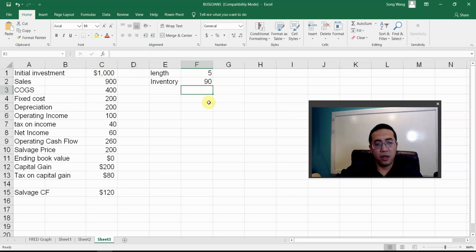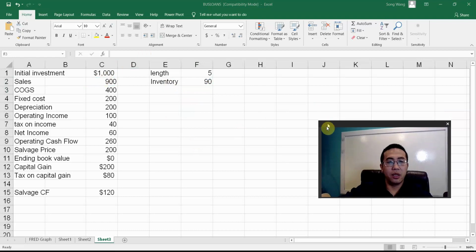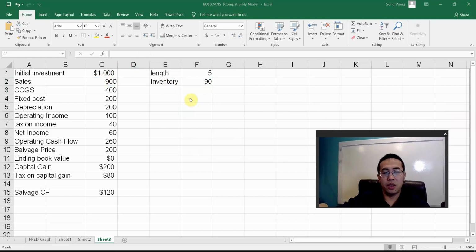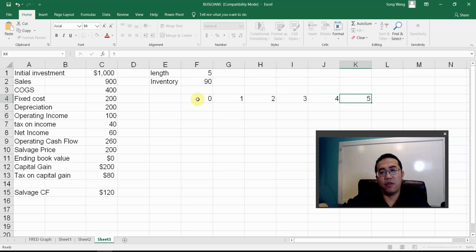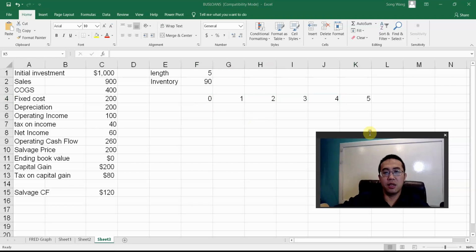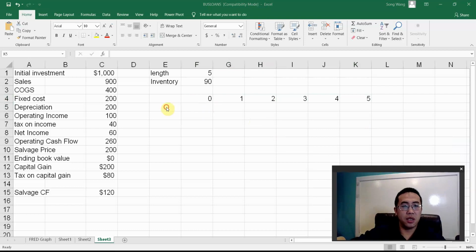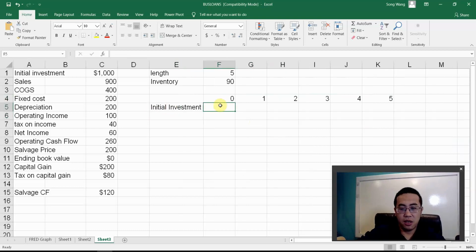And how do I incorporate this inventory in my capital budgeting? Now I need to draw this capital budgeting table from year 0 all the way to the 5th year when my business ends. Let me just use the current existing data. My initial investment here is negative, whatever the capital investment would be.